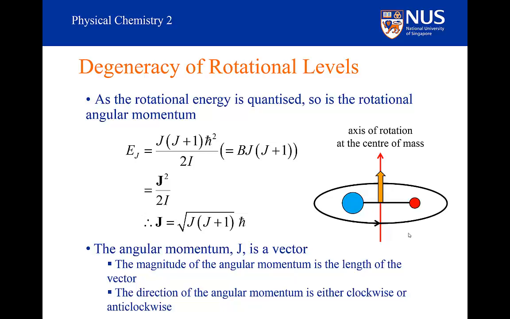If the vector is pointing downwards, then my fingers point in a clockwise direction, which means my molecule is rotating in a clockwise direction. So there are two directions in this particular case. With reference to the axis of rotation, it could be rotating clockwise or anti-clockwise, depending on whether my angular momentum is pointing upwards or downwards along the axis of rotation.